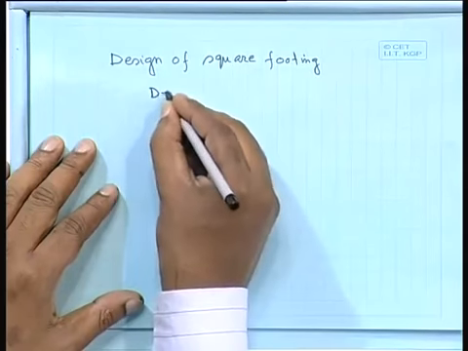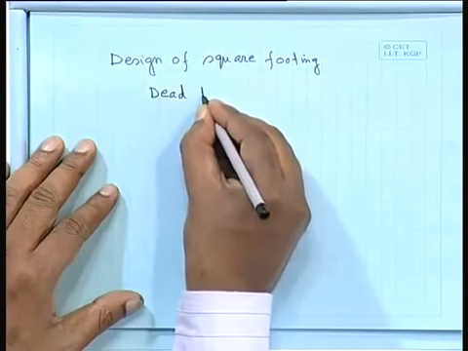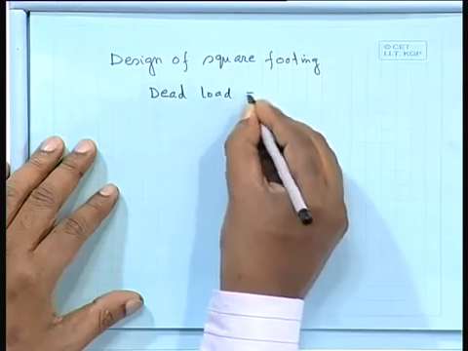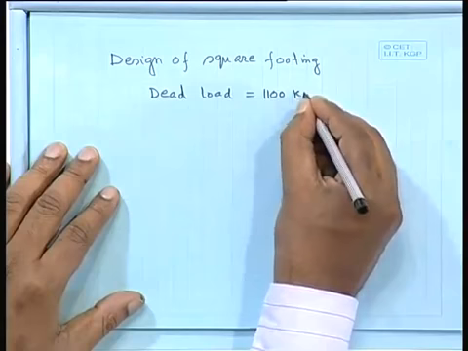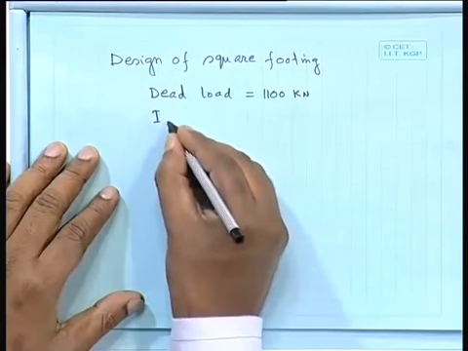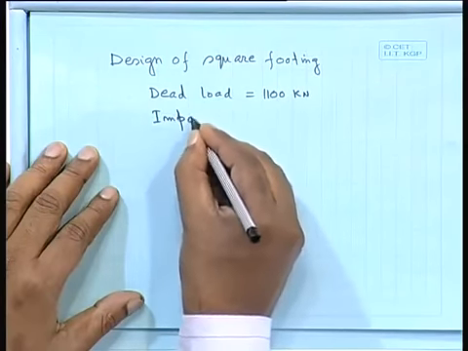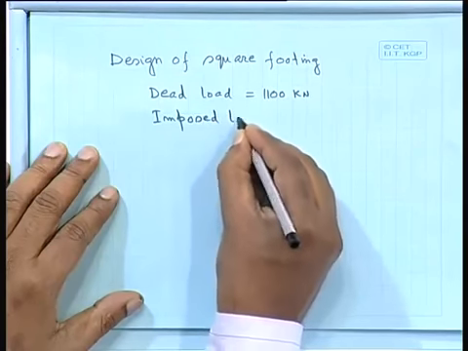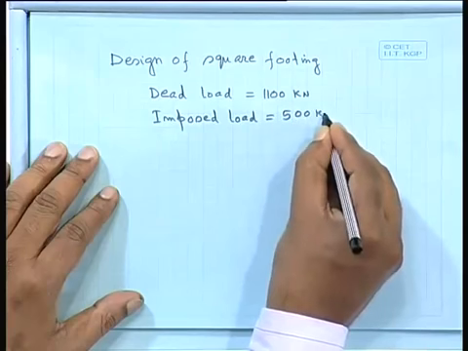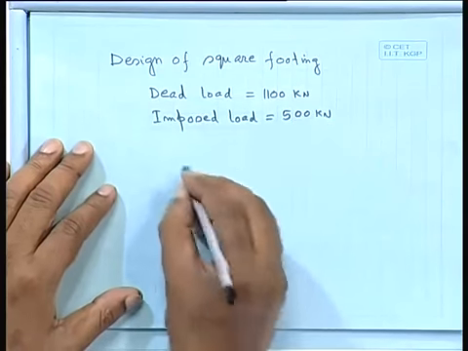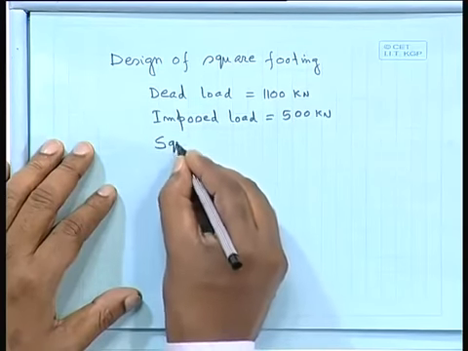Dead load, let us take. Imposed load, and a square column which we have to support.